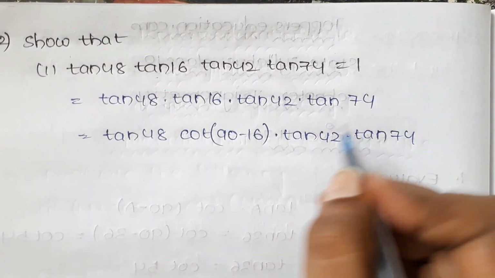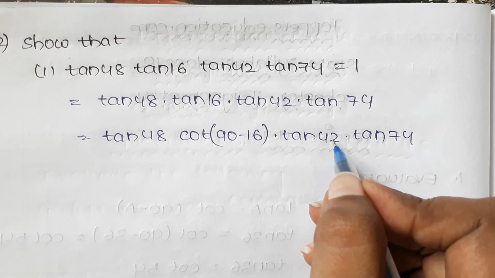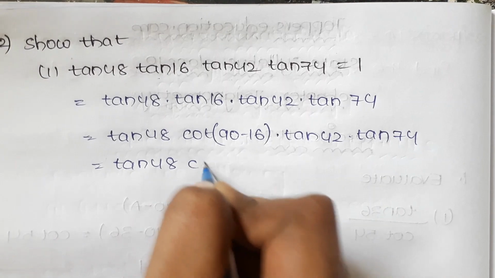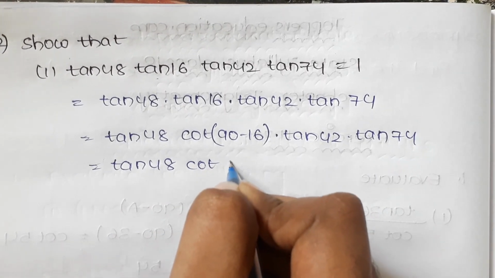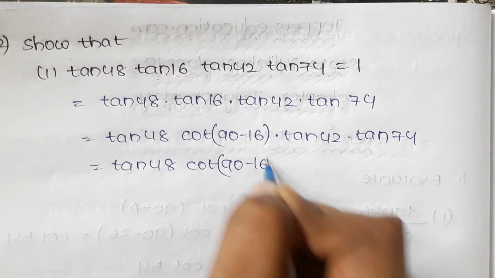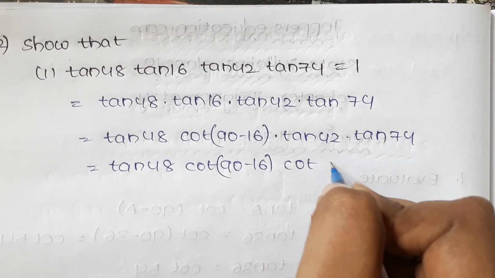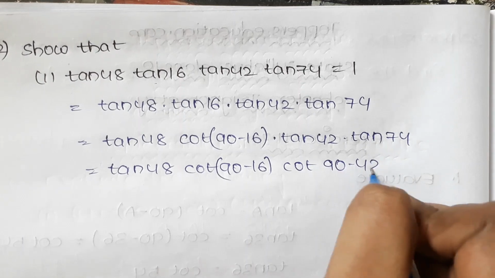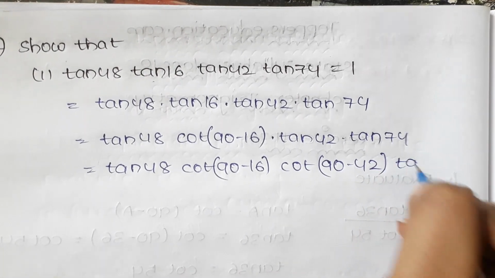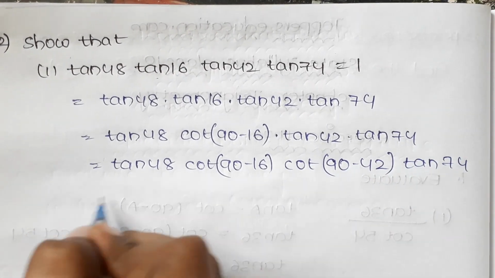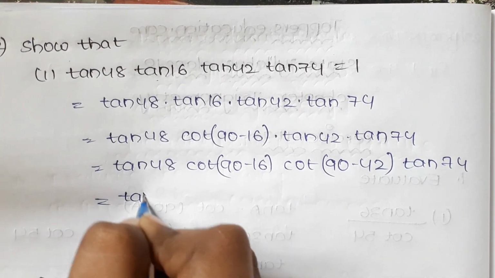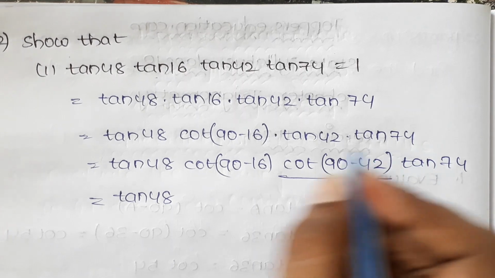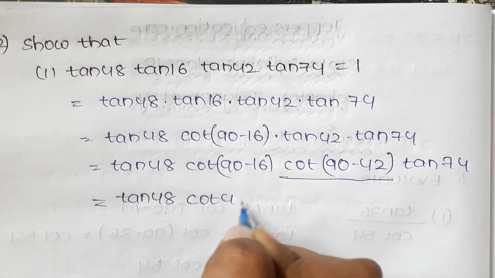And now this tan 42, again let us change into cot. Now tan 48 into cot 90 minus 16 into cot 90 minus 42 into tan 74. So now tan 48 into this cot 90 minus 42 is nothing but cot 48.